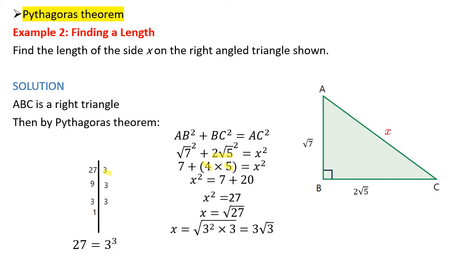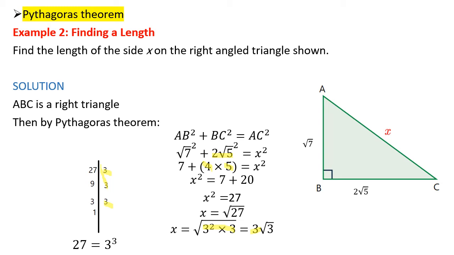Now x equals, I didn't write it as 3 cubed, I wrote it as 3 squared times 3. Why? I grouped the first two together, and then I keep the 3 alone. Because when we have a number squared, it is cancelled with the radical. So 3 squared, the square is cancelled with the radical, so the 3 comes out of the radical. And the other one is radical 3.